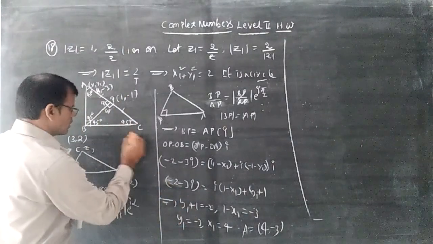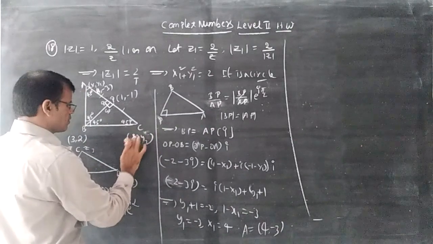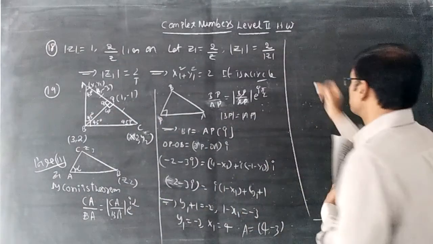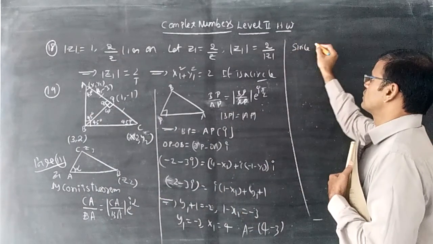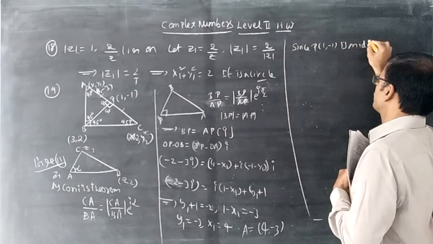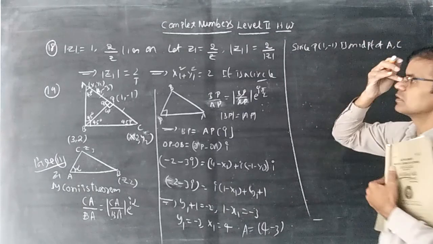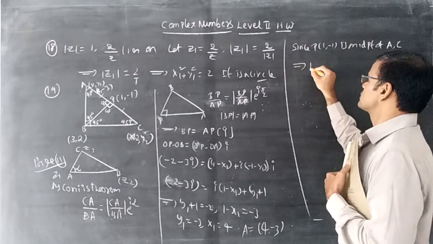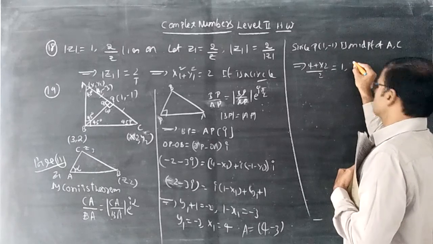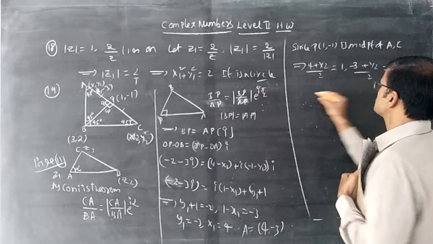Now we can apply the midpoint concept, x2 comma y2 by 2. Since P (1, minus 1) is the midpoint of A and C, that implies apply like this: (4 plus x2) by 2 is equal to 1, and (minus 3 plus y2) by 2 is equal to minus 1.